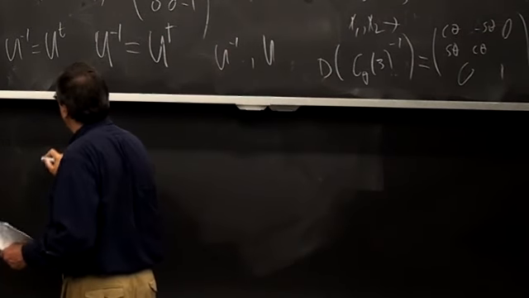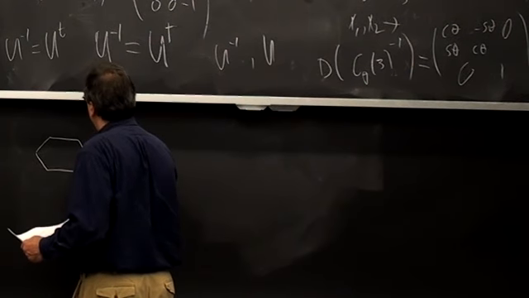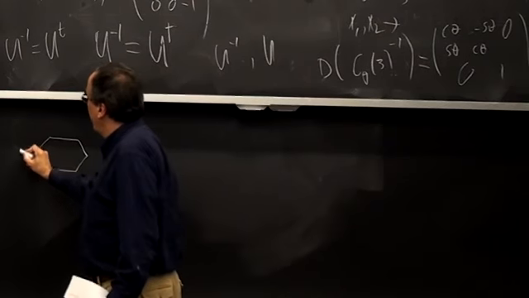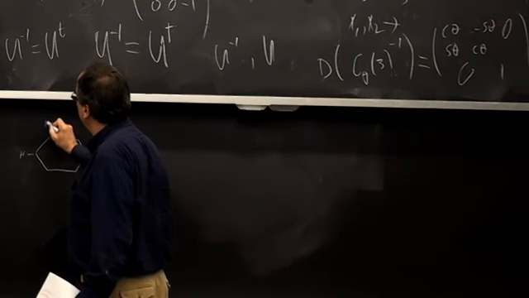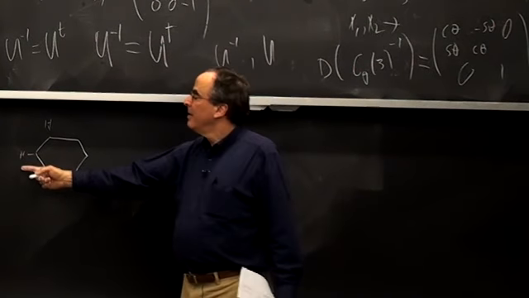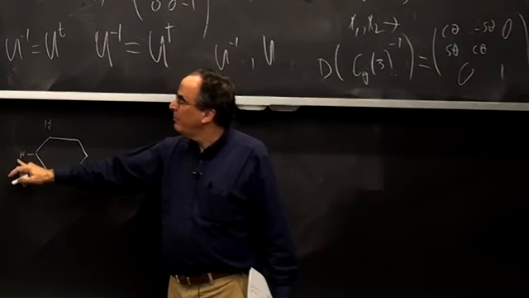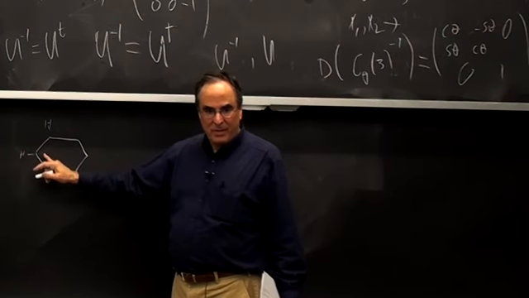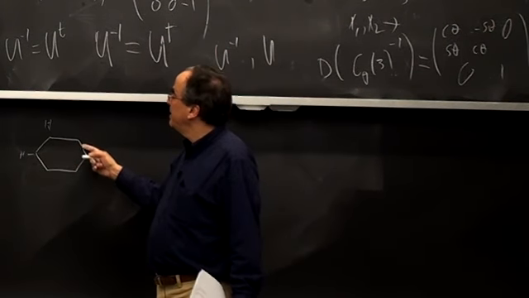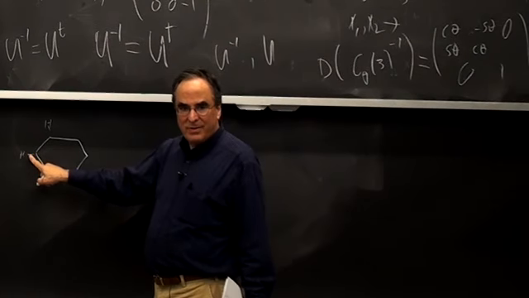I mean, for example, for benzene, we can be really masochistic and have three Cartesian coordinates for each hydrogen and for each carbon. Or we can say, I'm only going to be interested in these 6 bonds, or in these 6 bonds.